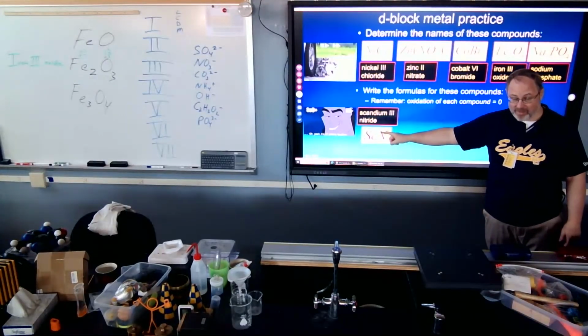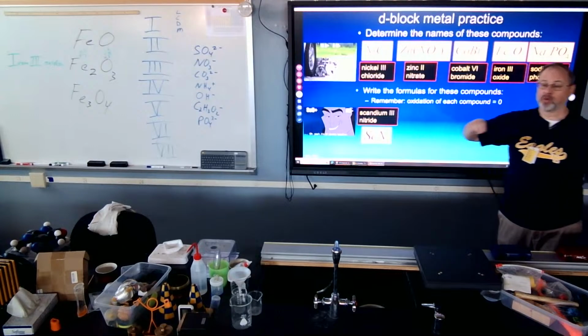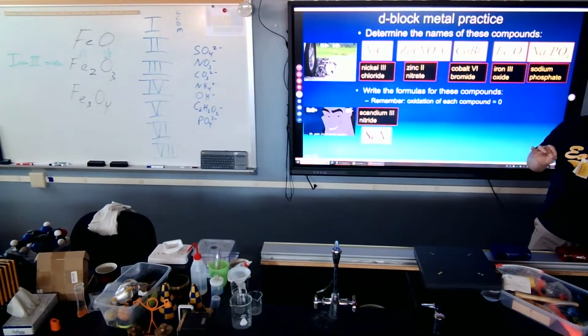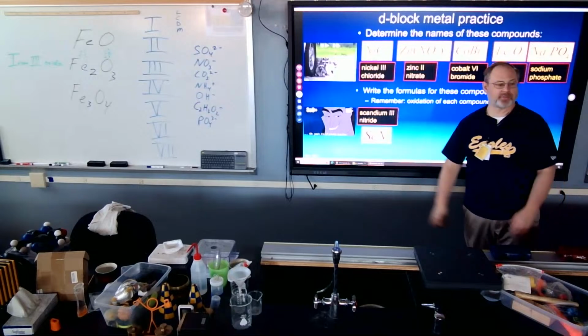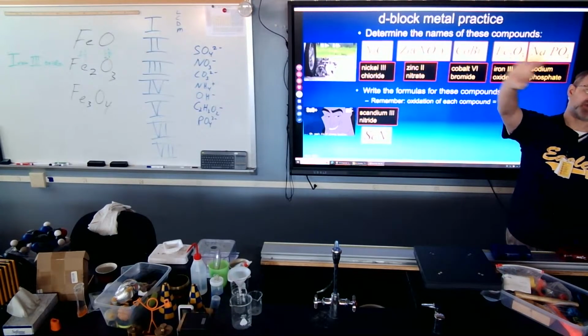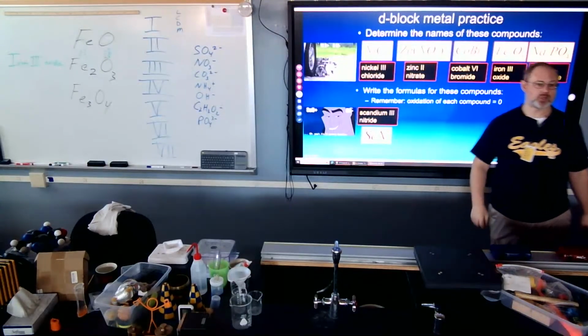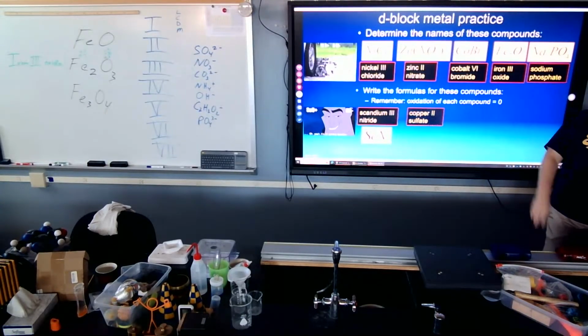Nitride is the suffix for nitrogen, so be careful with nitride and nitrate. Nitride is a suffix for nitrogen, which is in group 15, and therefore has a negative 3 charge. Plus 3, negative 3, one of each. Next.